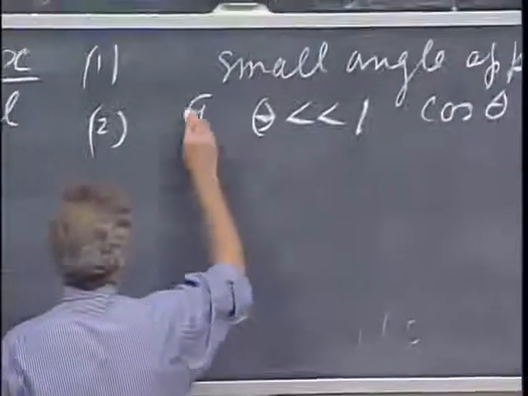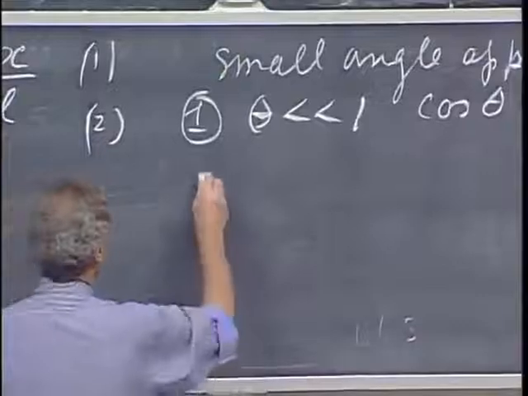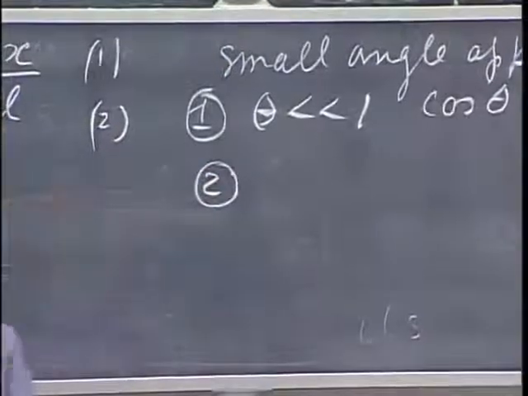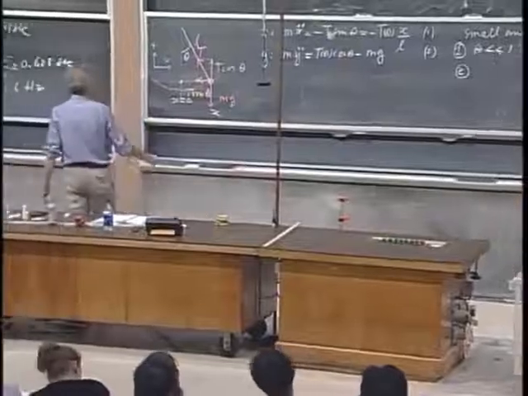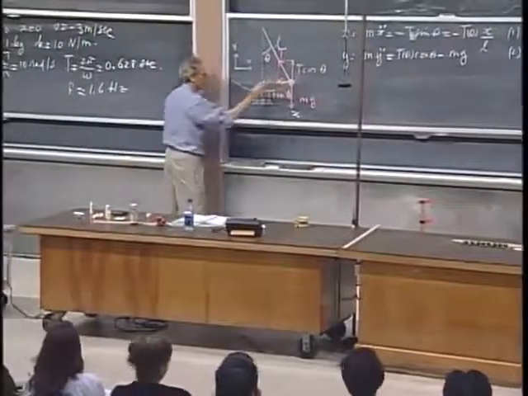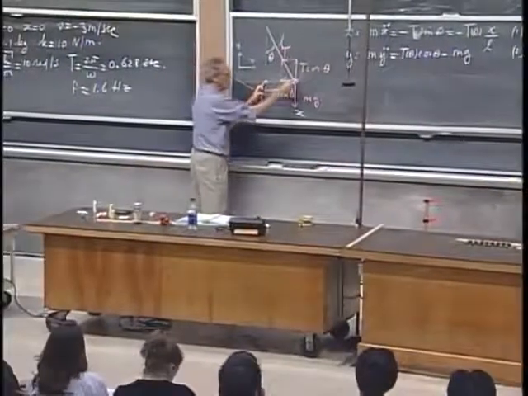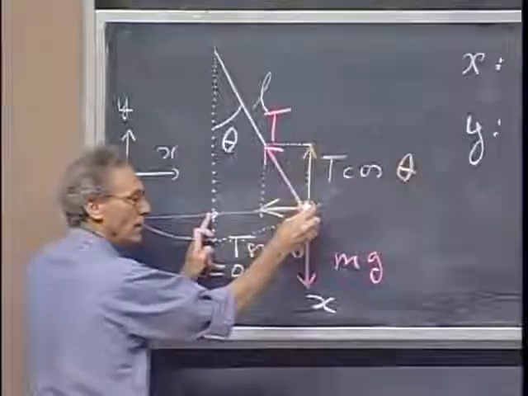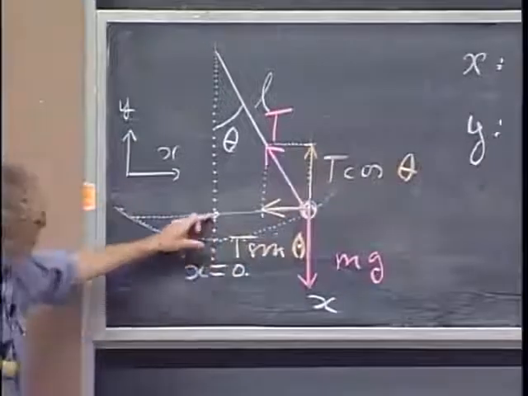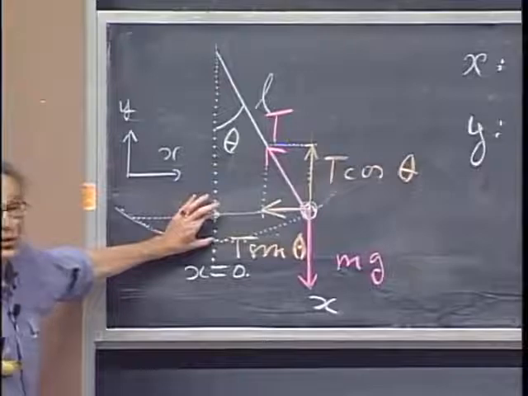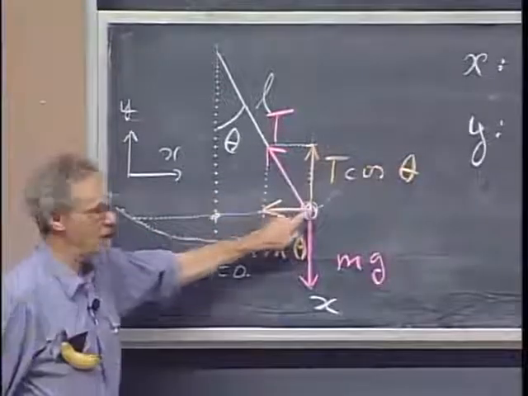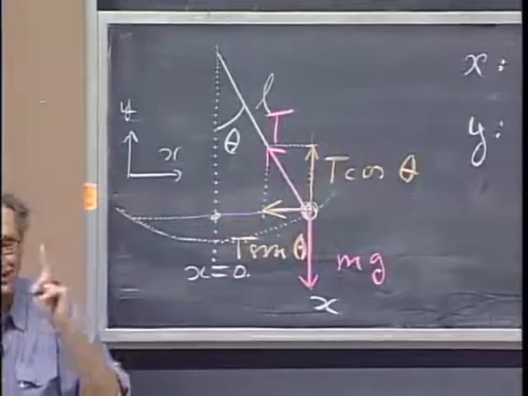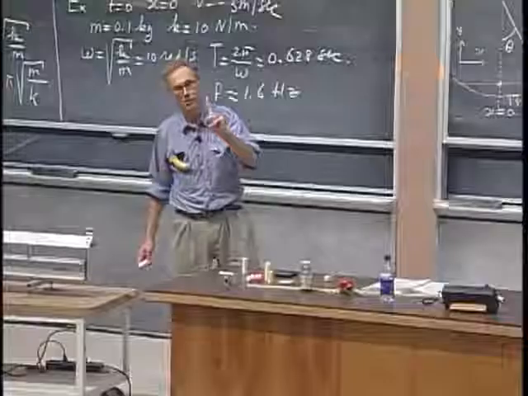So this is consequence number 1 of the small angle approximation. But there is a second consequence. Look at the excursion that this object made from equilibrium in the x direction. That's this big. Look at the excursion it makes in the y direction. It's this small. It's way smaller than the excursion in the x direction, provided that your angle is small.